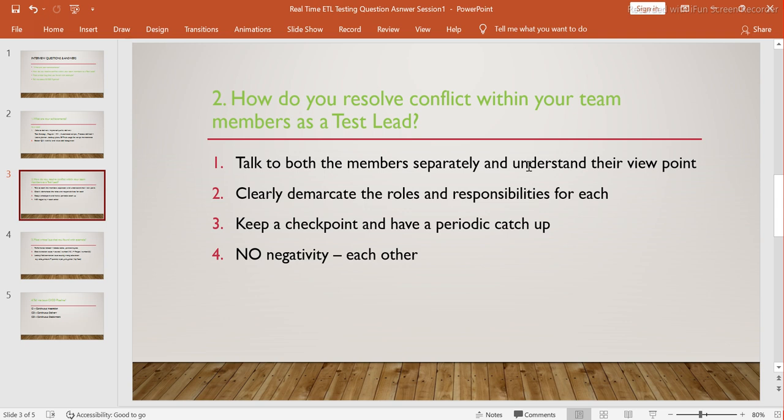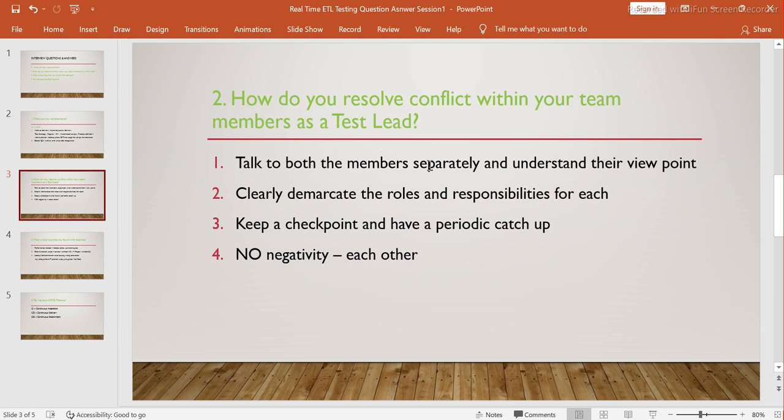And then there will definitely be something related to work, or some visibility that one person is getting and the other person is not getting. It might also happen that one person is working on something and another person is taking advantage of it, right? That kind of thing sometimes happens.